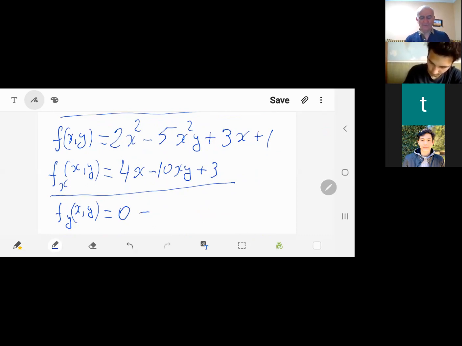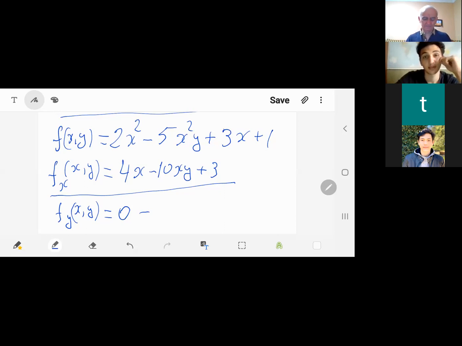Now, what is the derivative of 5 times x squared y with respect to y? We found this derivative successfully in the case of respect to x, now we need to find this derivative with respect to y.